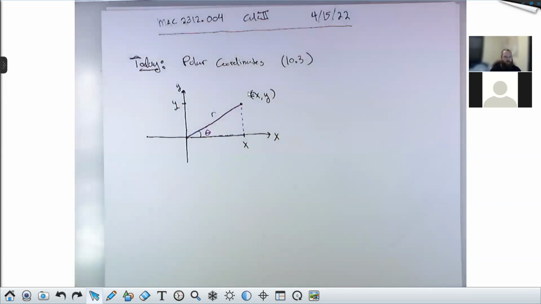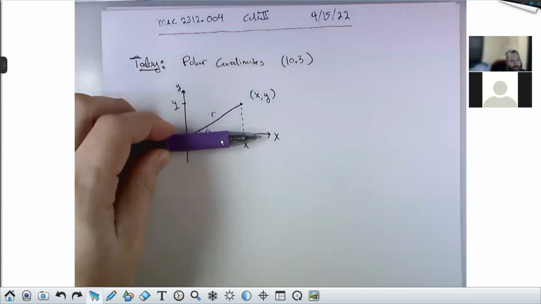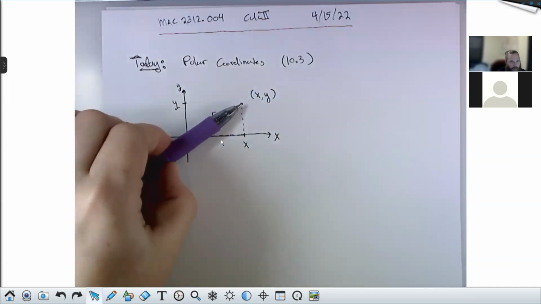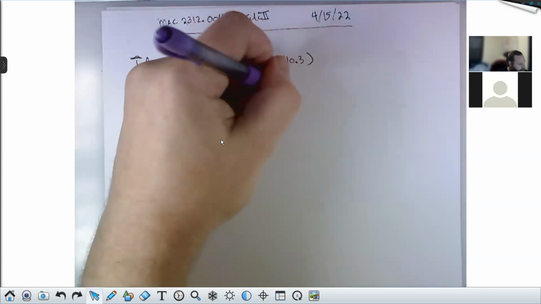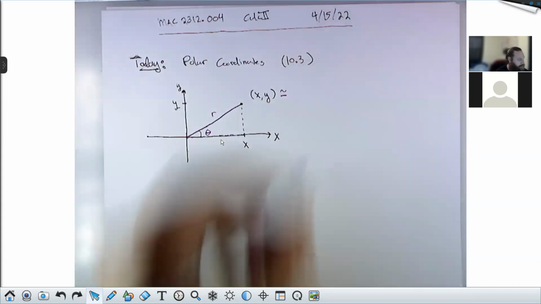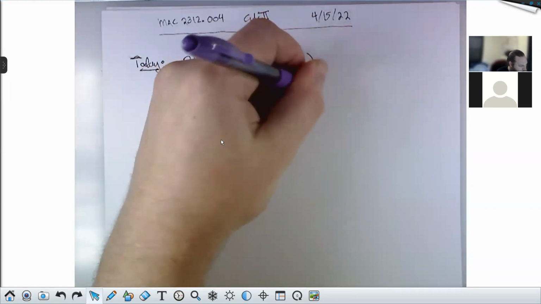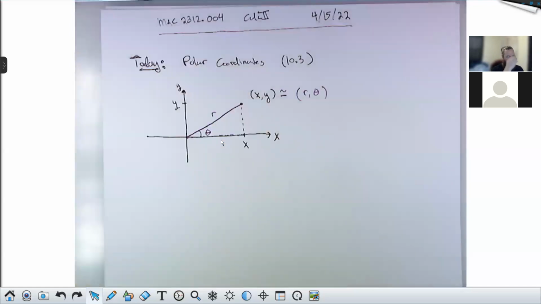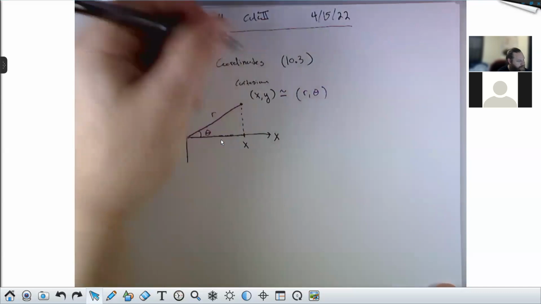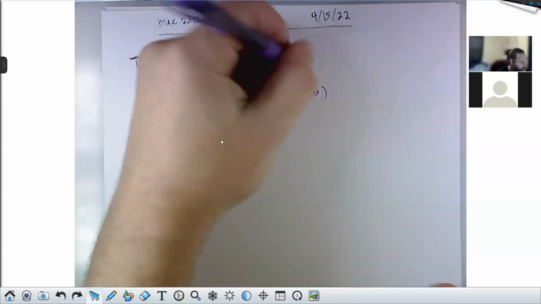The idea here is that instead of telling you x and y, I tell you r and theta. So if I tell you, okay, start facing out along the positive x-axis, rotate up by theta, and then walk out r, that will also get you to this point. So we think of this point as being x, y in the Cartesian coordinate system. We think of it as being r comma theta in the polar coordinate system. So these are the Cartesian coordinates, and these are the polar coordinates.